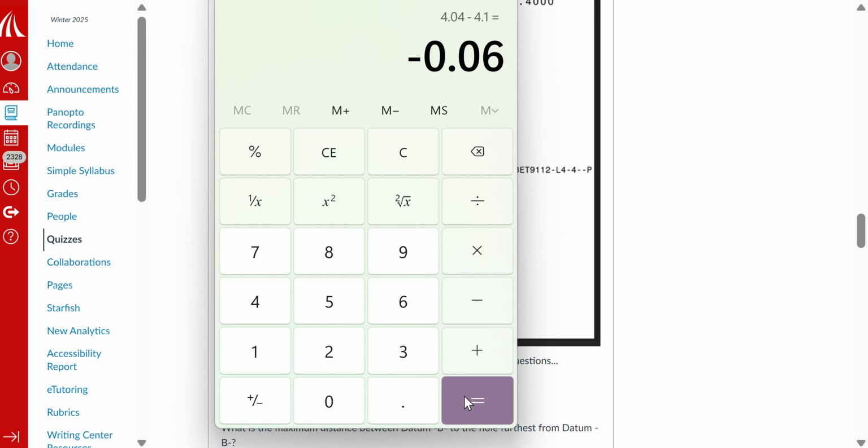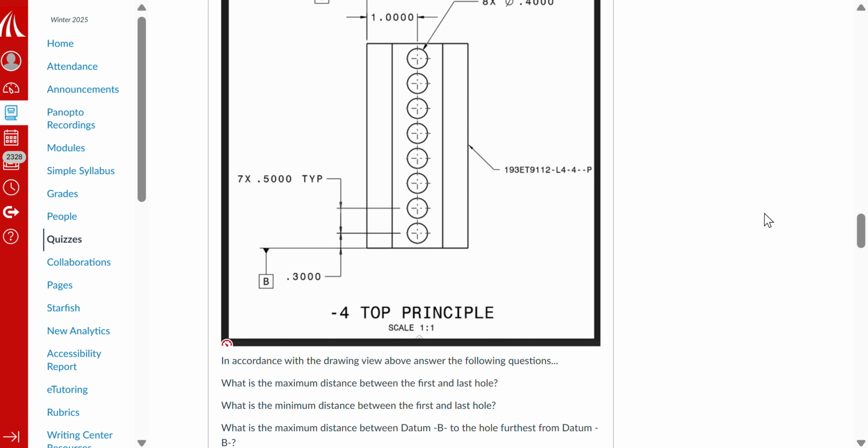That gets you a distance of just 0.06. So if this were maxed out, where this edge to this hole were 0.33, and from this hole to this hole and so on, we're 0.53 each, because that's our tolerance based on how this is dimensioned, that would only leave you 0.06 from the edge.